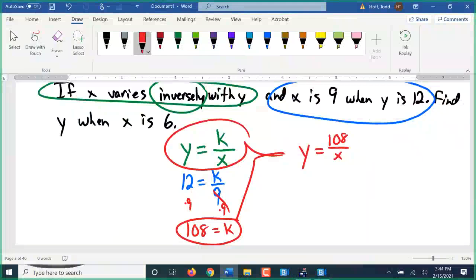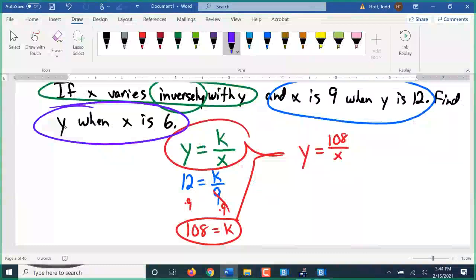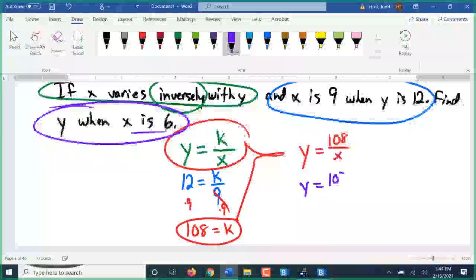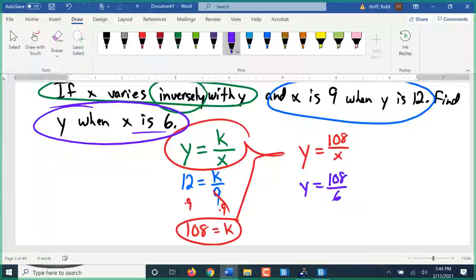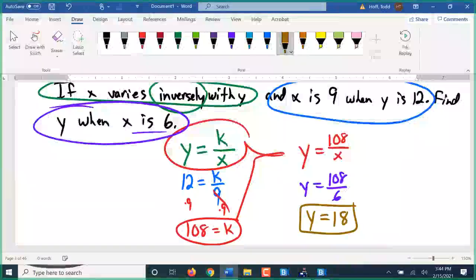Then, we've got y. What is y when x is 6? Put 6 in for x. What is 108 divided by 6? 18. Y is 18 is our answer.